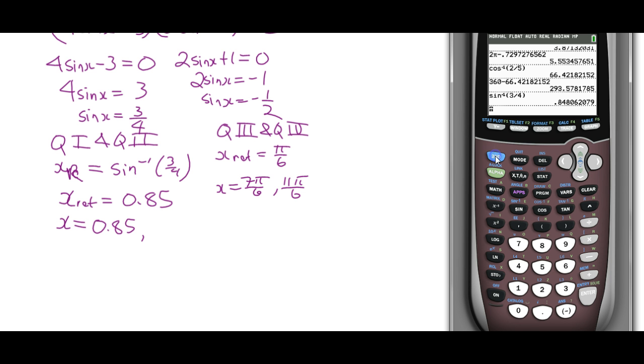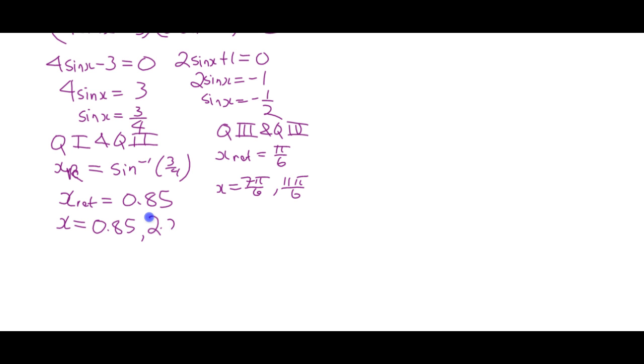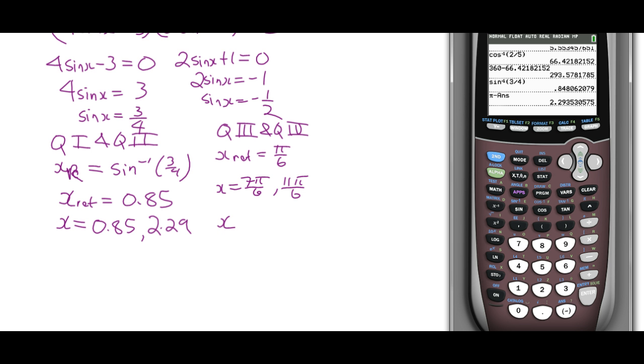Okay, so pi minus, I can just bring down that number. So 2.29. And the 7 pi over 6, or do the inverse sine.